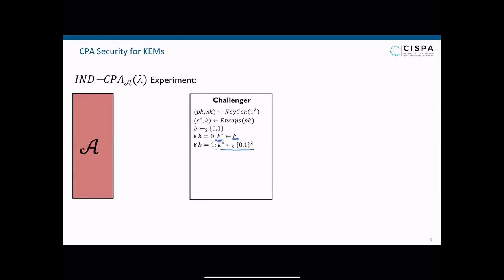So either we give the adversary the key K in case B equals 0, which is actually encapsulated in the ciphertext C star, or we give him a completely independent key. So now we give him the ciphertext C star and this K star, and he of course has to guess B and wins if he guesses B correctly. So in the case B equals 0, C star, K star is just the output of Encaps. If B equals 1, then K star is just something fresh and independent.